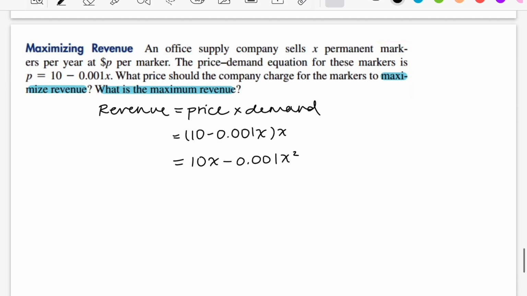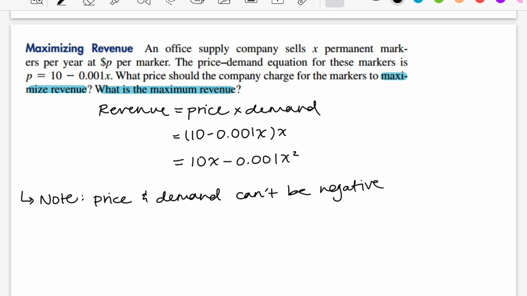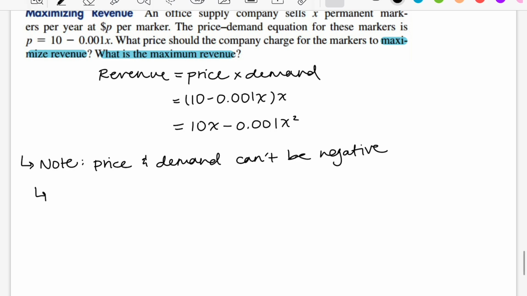Right? And then something to note here is that both price and demand can't be negative, right? So this tells us that x has to be greater than or equal to 0.